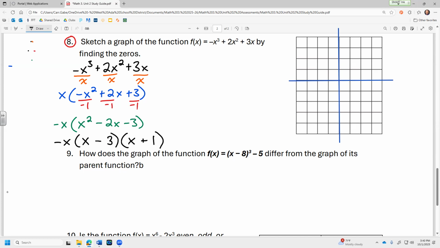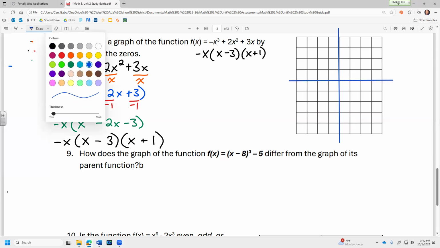So if we check our work, we get x squared plus x minus 3x. So that's a minus 2x when we combine like terms. -3 plus 1 is a -2. Now I'm just going to rewrite everything back up top right here. Negative x, x minus 3. Last binomial is x plus 1.